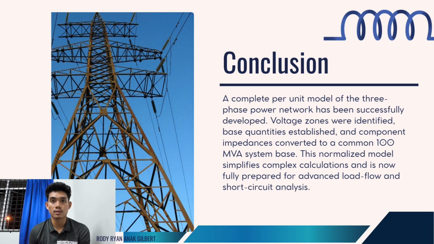We identified all the different voltage zones, set up the right base value for each, and converted every component impedance onto one common 100 megavolt amp base. Now that everything is normalized and consistent, it makes our calculation much simpler and cleaner. More importantly, this model is now fully ready to be used for real advanced studies like load flow analysis and short circuit fault calculation.